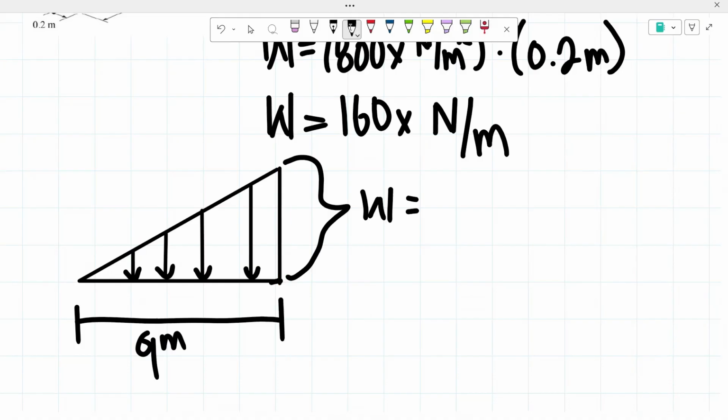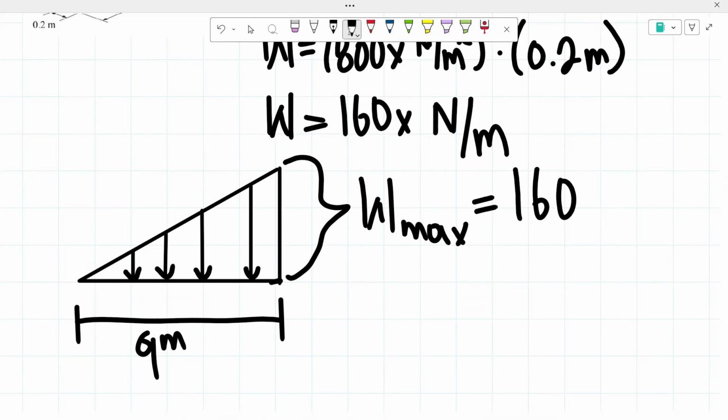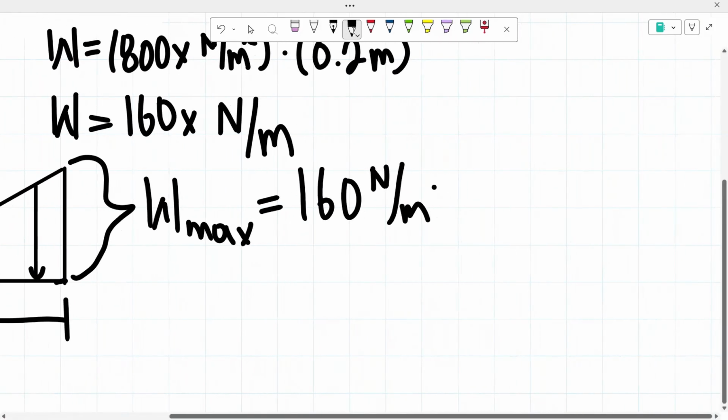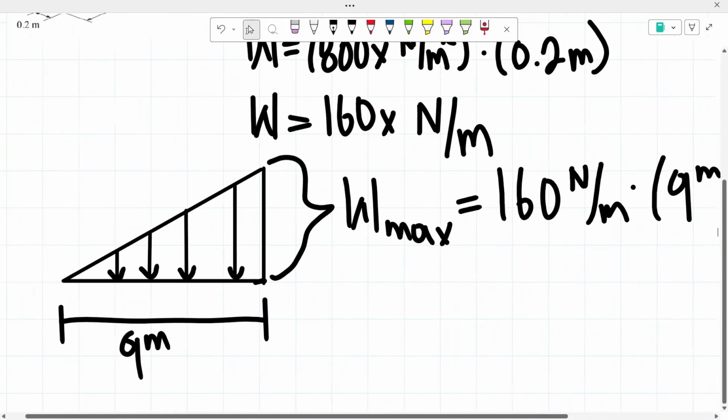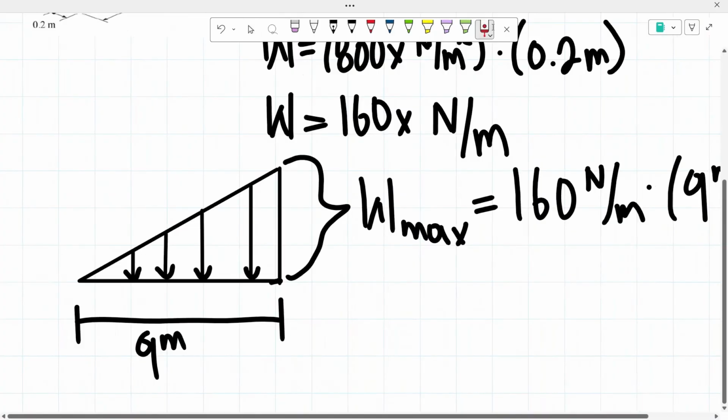So 160, so weight max, let me rewrite that, is equal to 160x newtons per meter times 9 meters, because we know that the whole triangle has a total length of 9 meters, and at that 9-meter mark is where we want to find that weight.